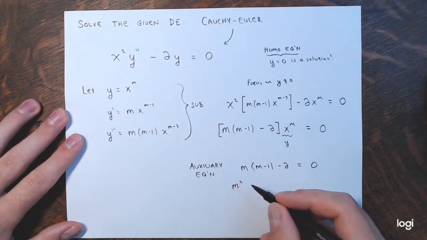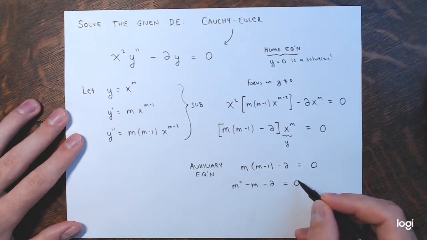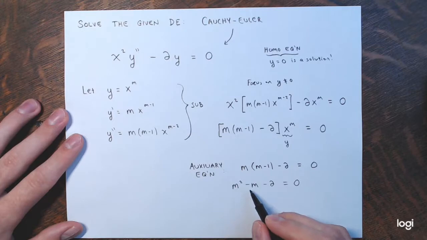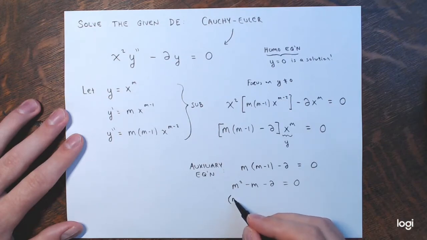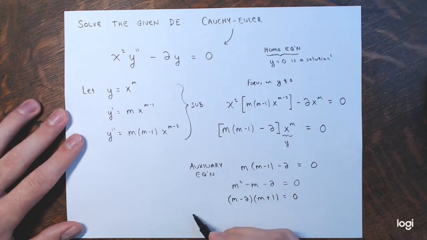This is m squared minus m minus 2 equals 0, and we find the roots. Now you could use the quadratic formula, or complete the square, or this example is pretty easily factorable. We have m minus 2 times m plus 1 equals 0. So the roots, I'll call them m1 and m2: I could replace m with 2, and I could also replace m with negative 1.